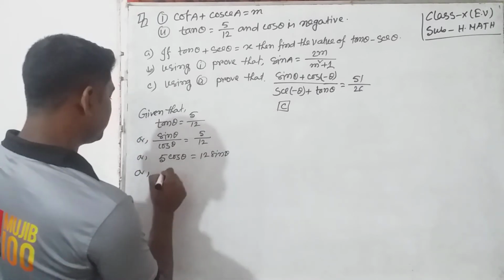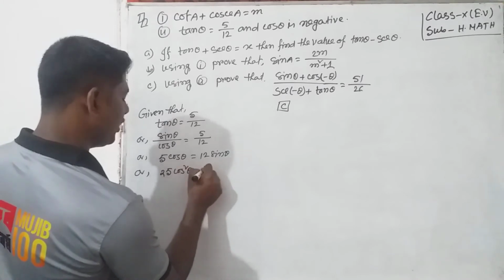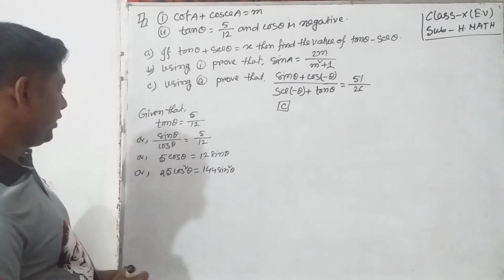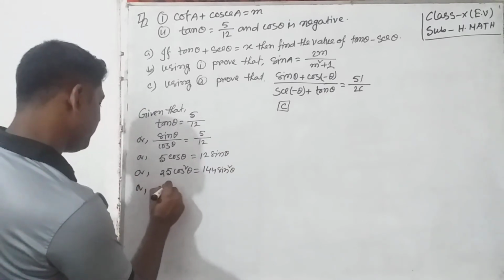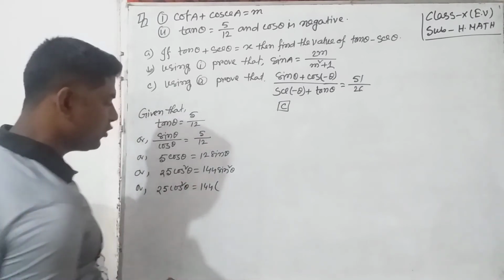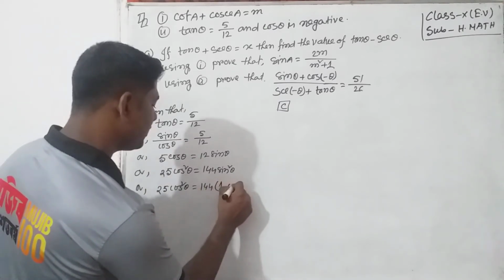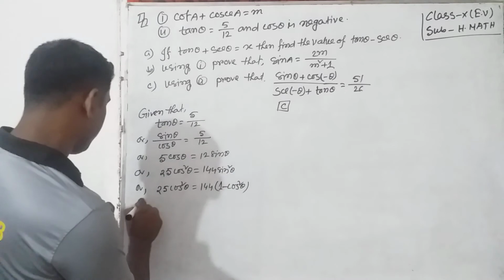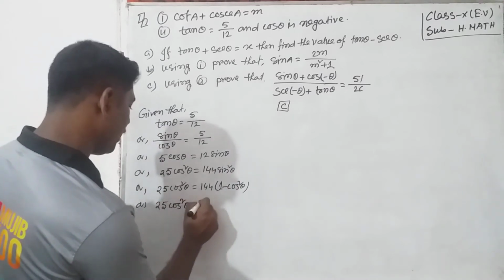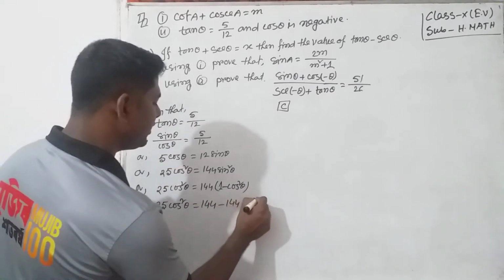Squaring both sides, 25 cos square theta equal 144 sin square theta. We know sin square theta equal 1 minus cos square theta, so 25 cos square theta equal 144 minus 144 cos square theta.